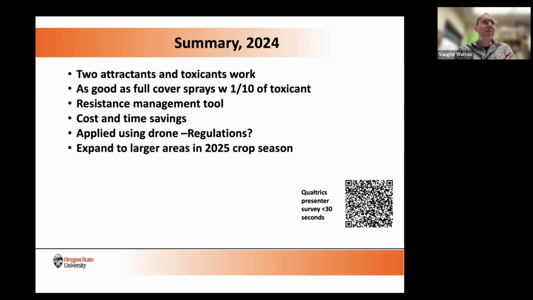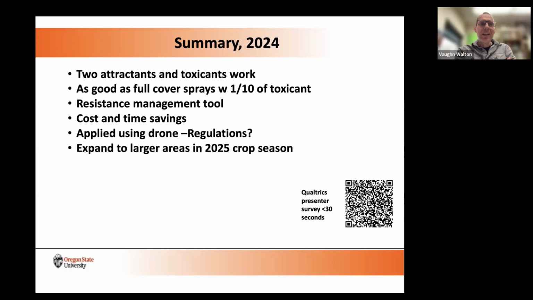This is in addition to some of the other techniques that I talked about a little earlier. We've shown with this work that we have at least 2 attractants. One of them is a German product, Combi Protect. The other is a product that we developed here at Oregon State, Decoy.